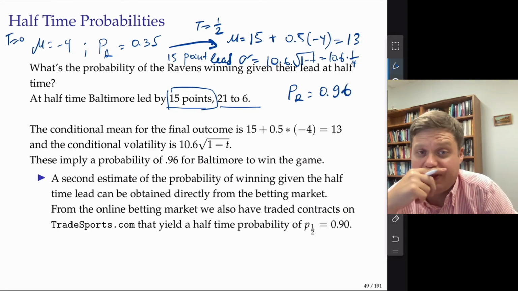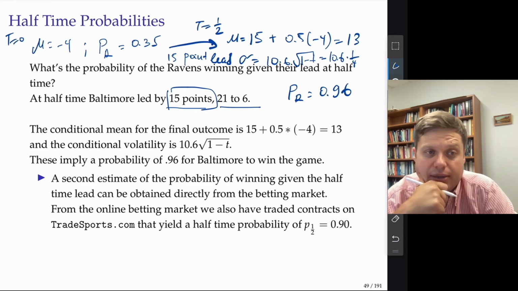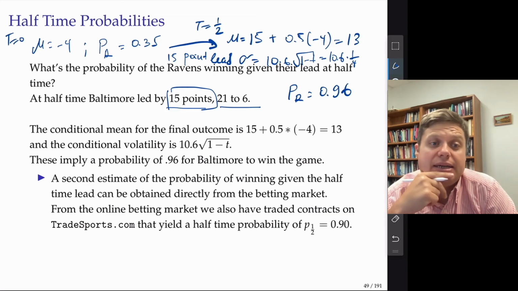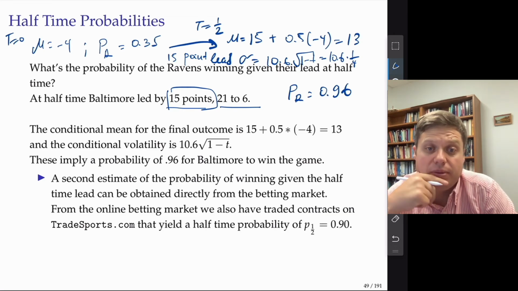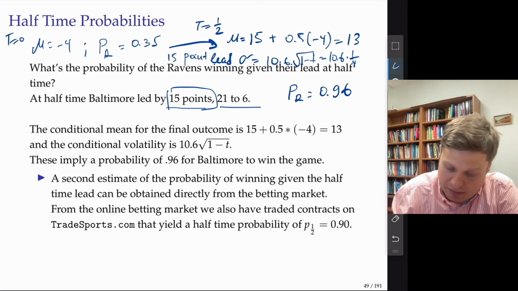96%, and this is roughly the number that we saw on the plot, which was the implied probability from the betting people made. Okay, a second estimate of the probability of winning given the halftime lead can be obtained directly from the betting market. From the online betting market, we also have traded contracts on tradesports.com that yield a halftime probability of 90%.